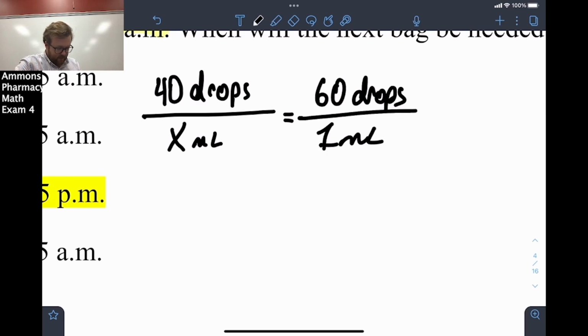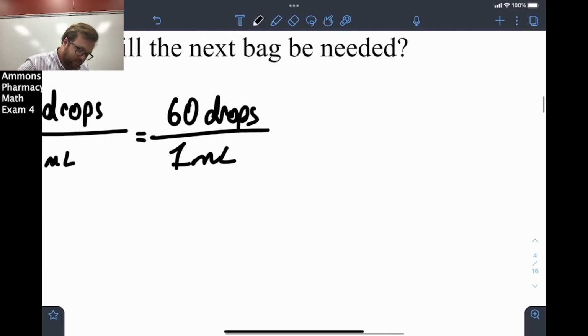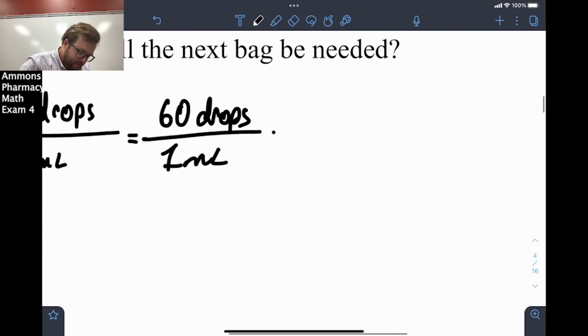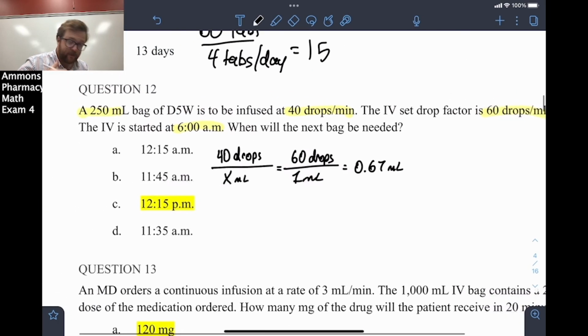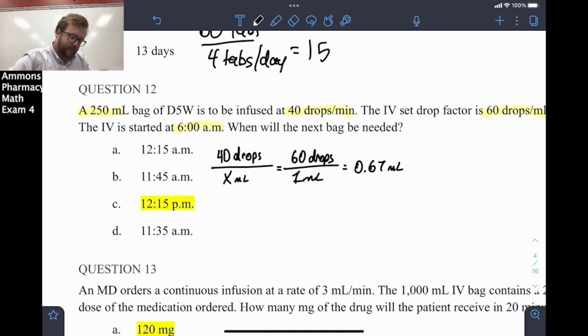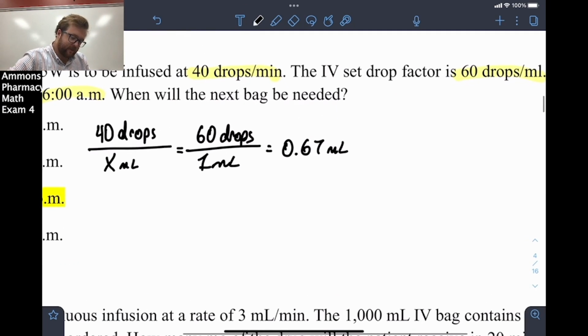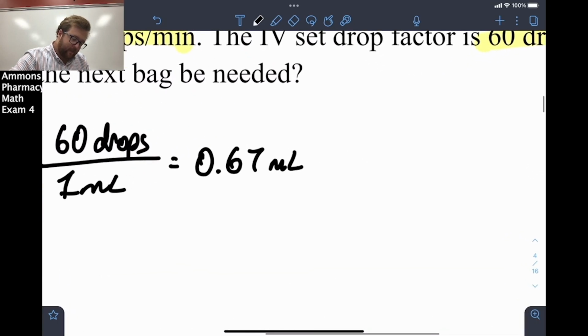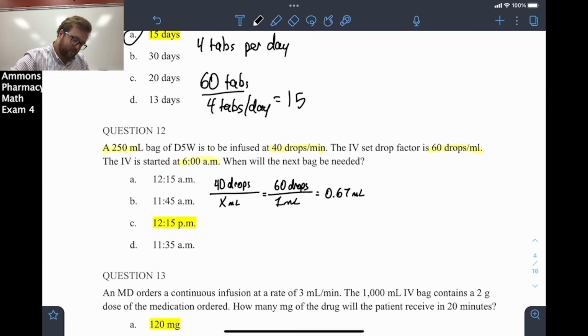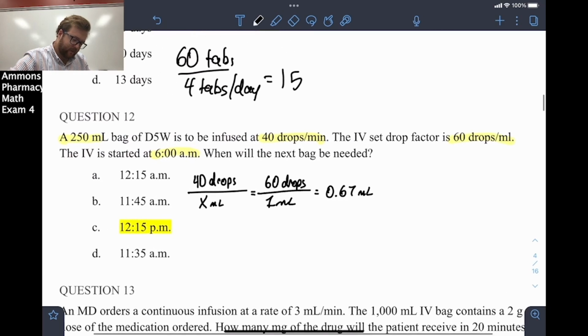That's 40 divided by 60. And that means for every minute there are 0.67 mils going by. Because we started with 40 drops per minute, we needed to ask ourselves how many mils that was. That's 0.67. So that's per single minute. Okay, so if I need hours, no, I don't need to do hours.